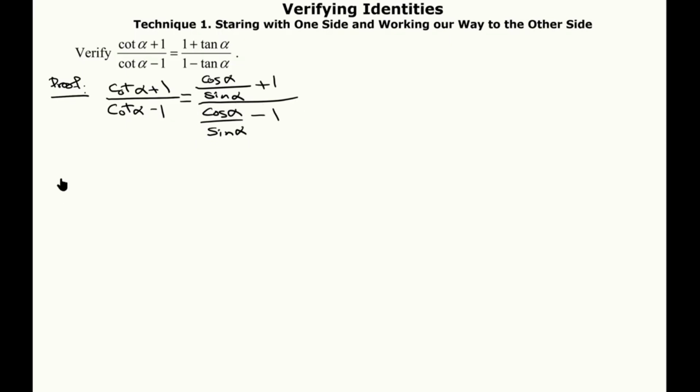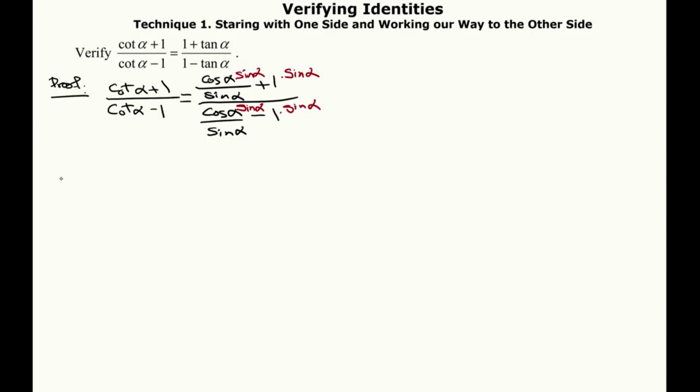We're going to multiply by sine alpha, and of course we're going to distribute. So the best thing to do is, because of that distribution, multiply each term by sine alpha. And we're going to do the same down here.